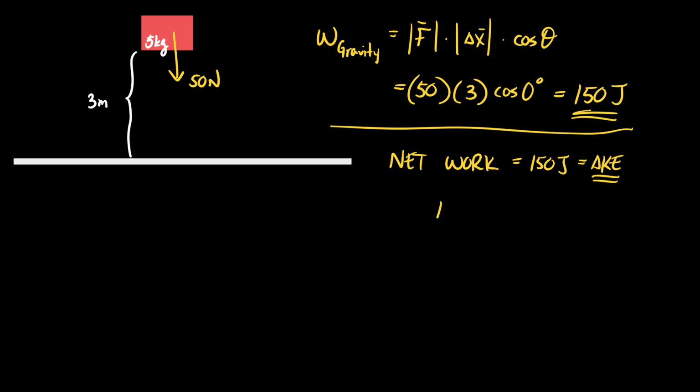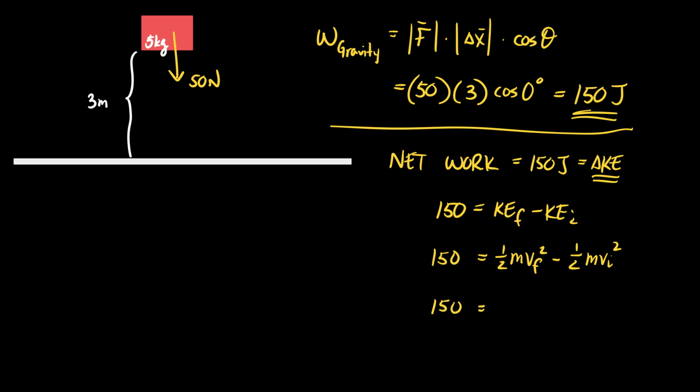It's not a big deal. We're going to set 150 equal to KE final minus KE initial, which is still 1/2 mv final squared minus 1/2 mv initial squared. Assuming it was dropped from rest, I get 150 equals 1/2 times 5 times v final squared minus 1/2 times 5 times 0 squared.